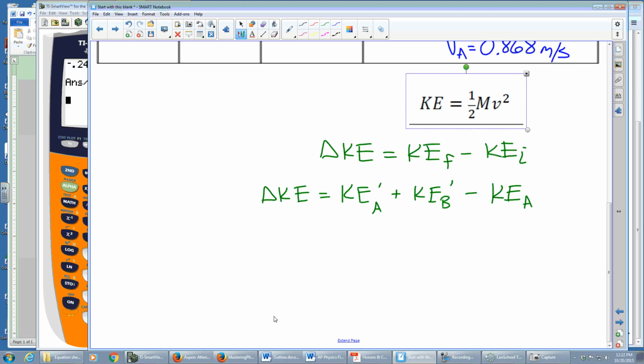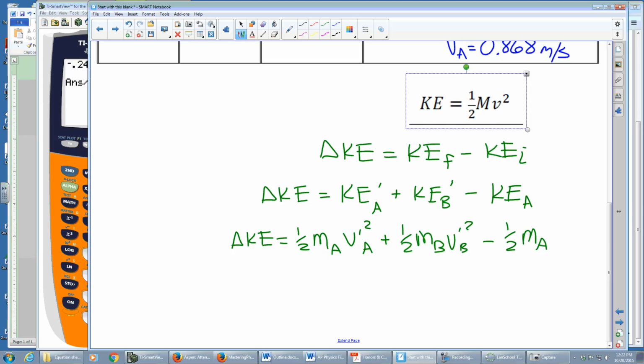Now apply your equation: 1/2 inertia of A, velocity prime squared of A, plus 1/2 inertia of B, velocity prime of B, minus 1/2 inertia of A, velocity of A squared.